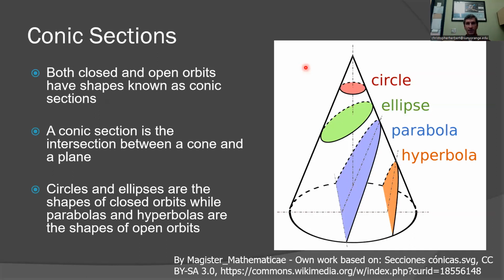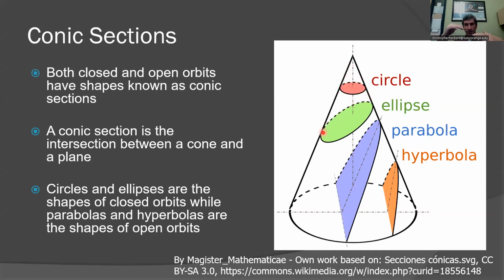Now, conic sections are the shapes of orbits. We've already seen we have circular orbits, elliptical orbits, parabolic orbits, and hyperbolic orbits. We call these conic sections because you take a cone, and if I take a plane and I cut through this cone, the intersection of the plane and the cone will form a circle.